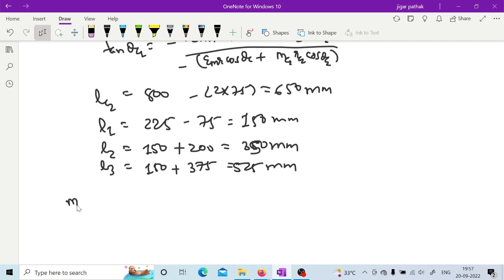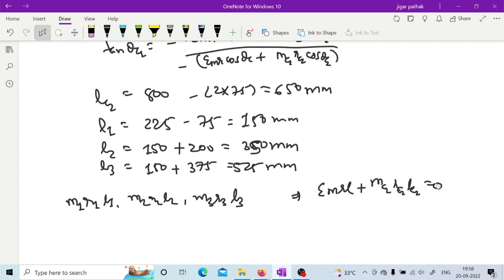So once you have all this data with you, what you can do is you can calculate M1 R1 L1, M2 R2 L2, M3 R3 L3, right? Once you calculate this, and then if you apply sigma MRL plus MC2 RC2 LC2 equals 0, then by considering both sigma MRL cos theta and sigma MRL sin theta, similarly MC2 RC2 LC2 cos theta 2 and MC2 RC2 LC2 sin theta 2, if you write both these equations and make MC2 RC2 LC2 the subject by squaring and adding both the equations, then you will get MC2 RC2 LC2 equal to 74568, something like that, right?